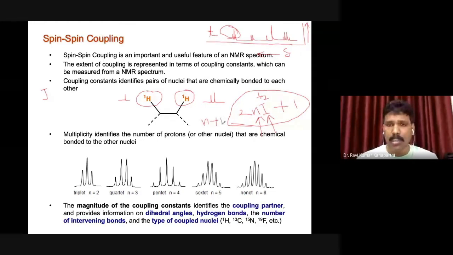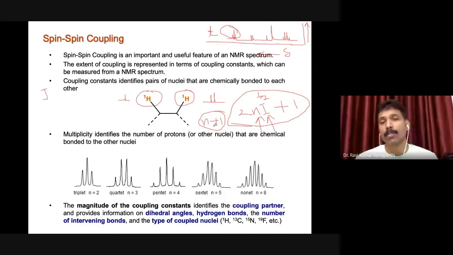If a proton has one magnetically active nucleus in the vicinity, then it will split into two. Right, it will be seen as a doublet. That's what I said, that it has one proton. Therefore, if you replace n with one here, you will see a doublet.